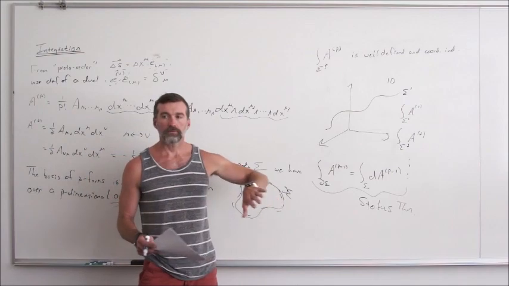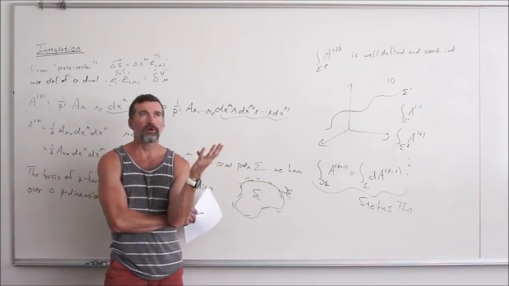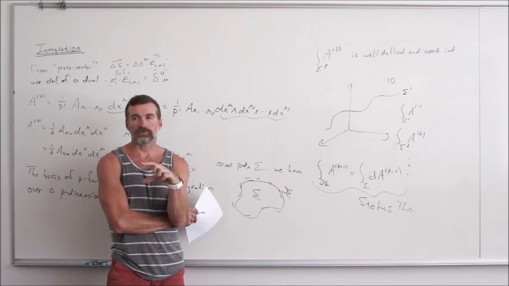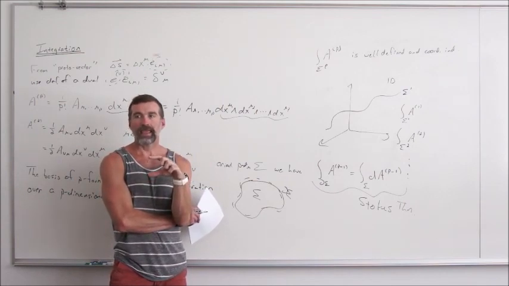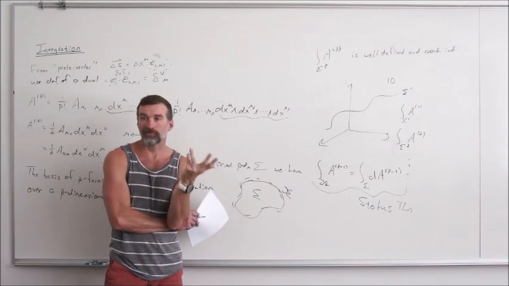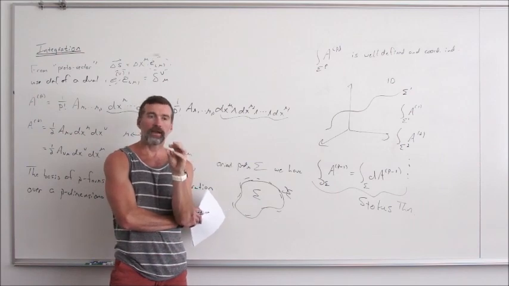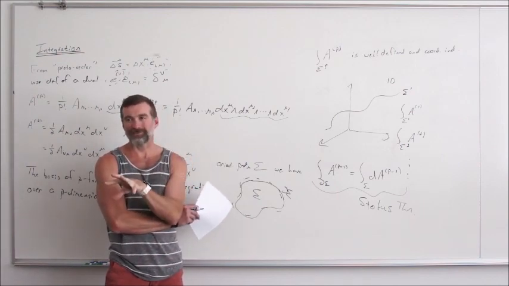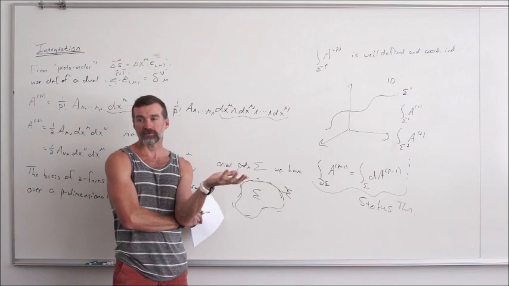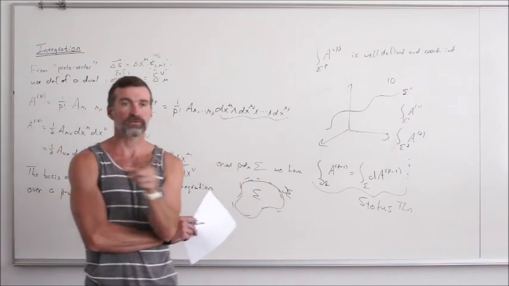So for example, I could take like a 4 form and I could integrate it over a 2-dimensional space. The answer will be a 2 form, because I will have basically gotten rid of 2 of the degrees of the form through the integration. If you want to integrate a 2 form over a 4-dimensional space, you have to add extra elements to the measure of integration because the 2 form isn't defined naturally over the 4-dimensional space.